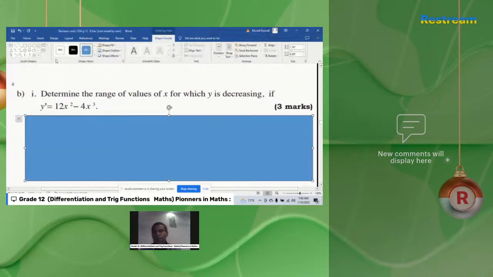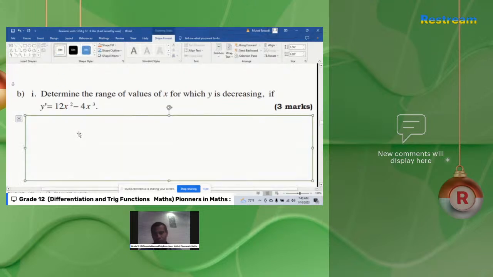First of all, I should differentiate my function y. But it's already differentiated, so we are going to set y dash equals 0. Therefore you are going to find all the stationary points that occur on this curve, and then construct a table of values.